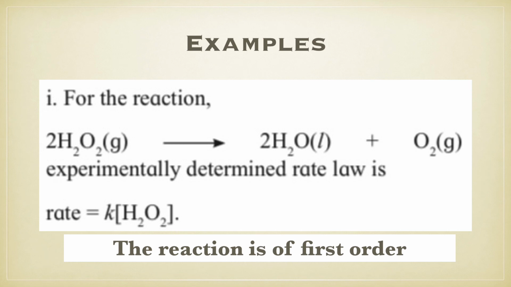Now, when you see this reaction, it is given as 2H2O2. But in the rate law, we are not writing H2O2 raised to 2. Okay. So, remember, this is purely an experimentally determined value. So, we cannot simply write down the rate law or the order of reaction by seeing the reaction. So, how will it be asked? The rate law will be given to you.